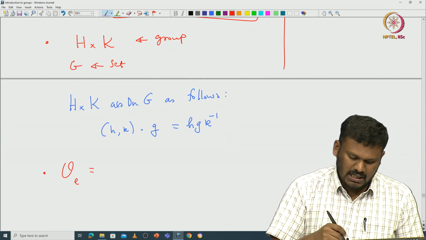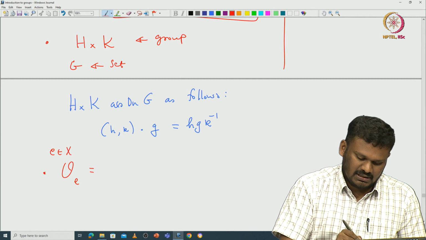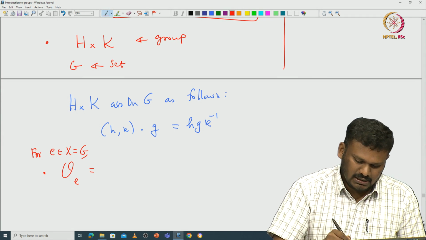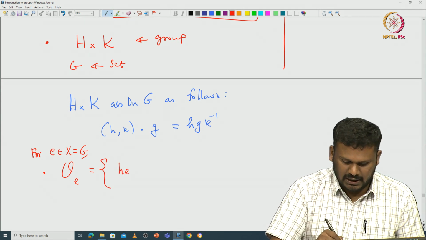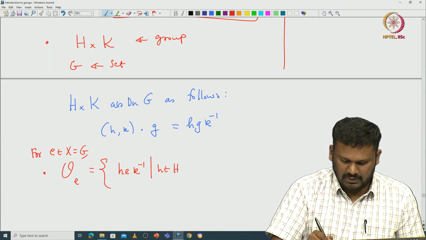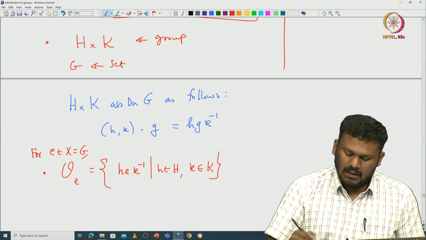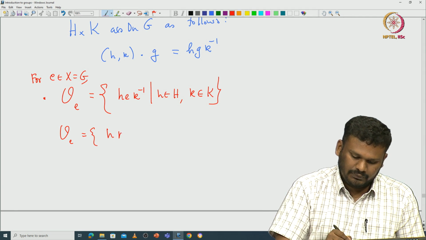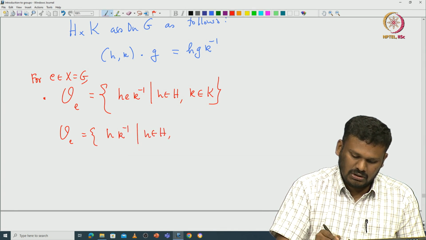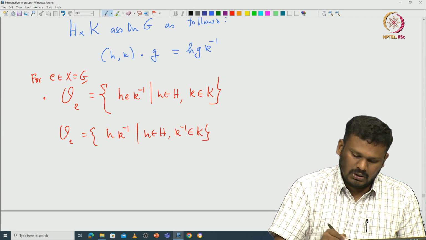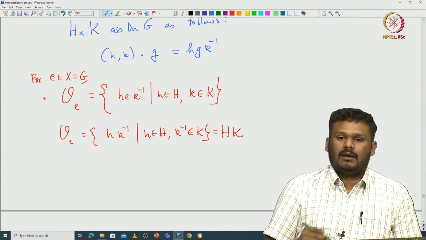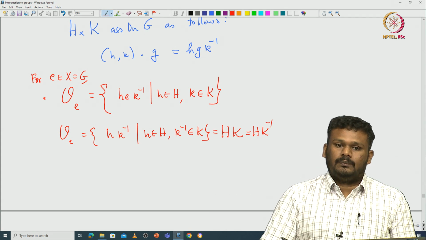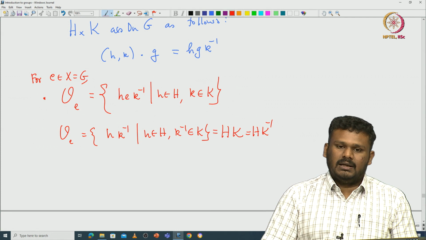G is your set, e is inside your set X, which is G. For the identity, if you look at the orbit, you can see that this is going to be exactly h identity k inverse, where h is coming from H, k is coming from K. So, this can be rewritten as h k inverse, h in H, k inverse in K, which is exactly HK, because HK is the same as H K inverse, because K is a subgroup. So, the orbit of one single element is nothing but HK.